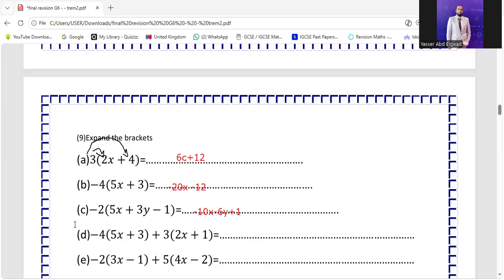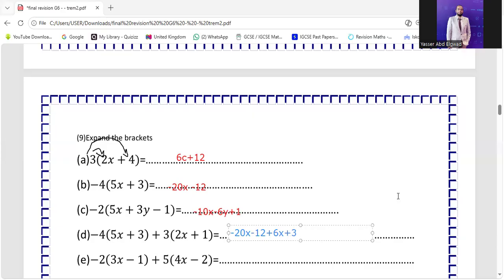But here just multiply: negative 4 multiplied by 5, negative 20x, and negative 4 multiplied by positive 3, negative 12. The next, 3 multiplied by 2, 6x, and 3 multiplied by 1, 3.